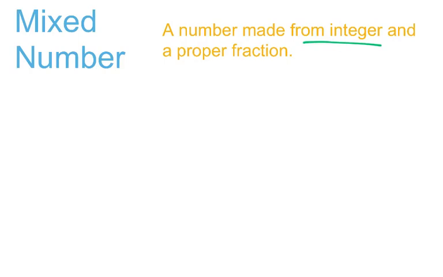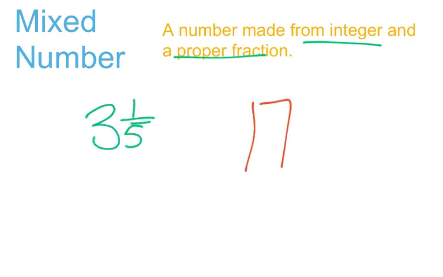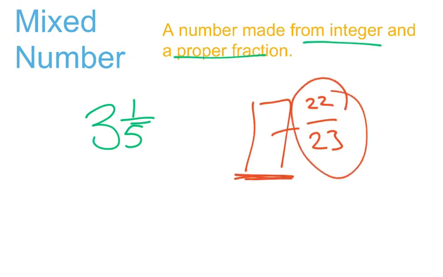So it's made up from an integer and a proper fraction. Like our example on the last page, we could have 3 1/5. We could also have 17 and 22 23rds. Anything that has an integer and a fraction that are being held together is a mixed number.